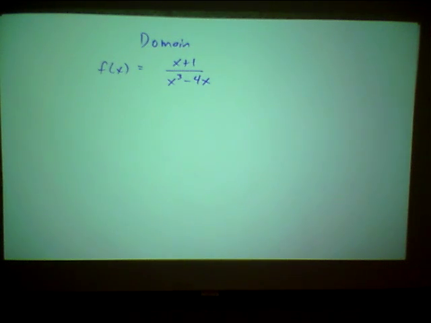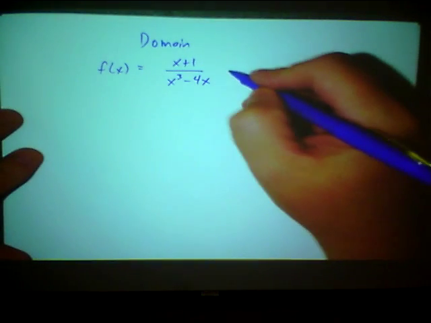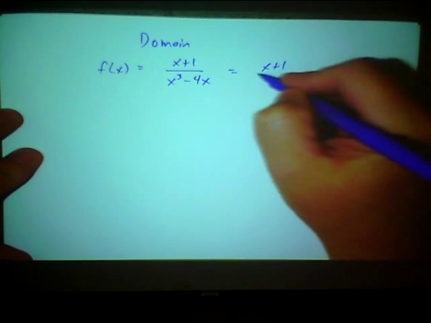Because whatever those values are, those cannot be part of the domain. The domain is going to be all real numbers except the numbers that cause the denominator to equal 0. So I first have to factor that denominator.